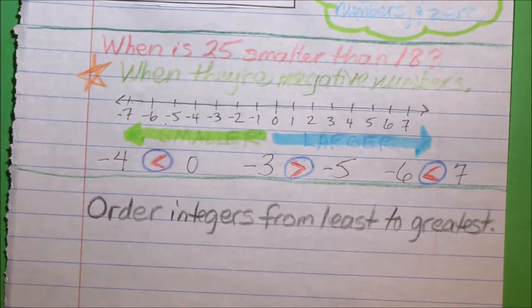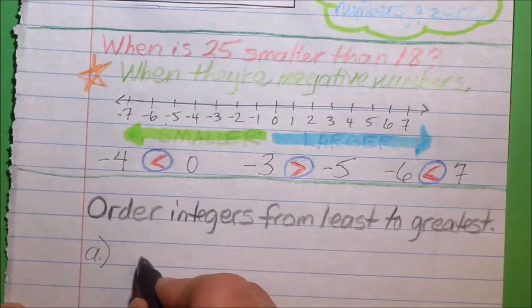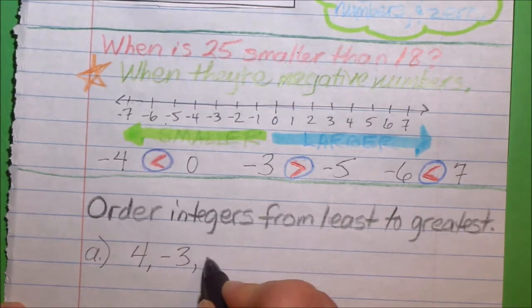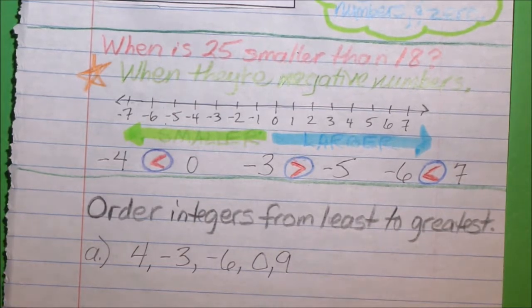All right, so the first set that we will order is A, and it includes 4, -3, -6, 0, and 9.